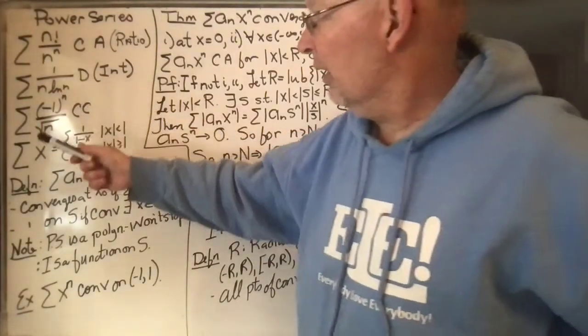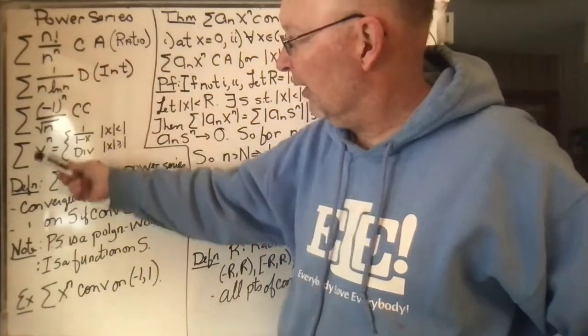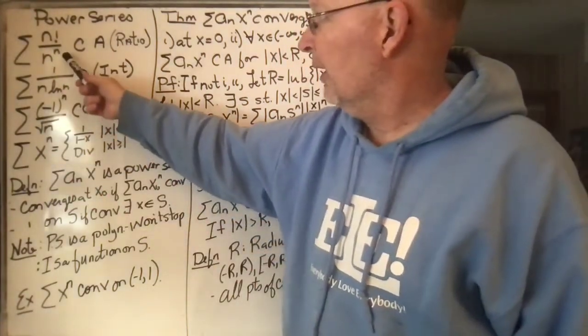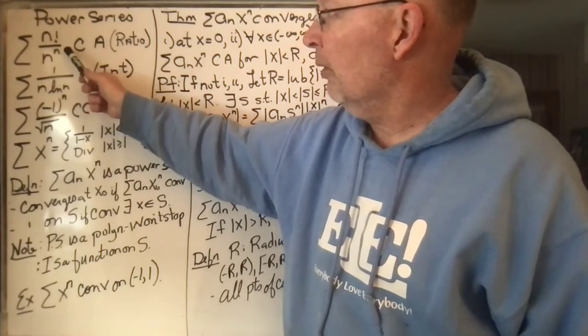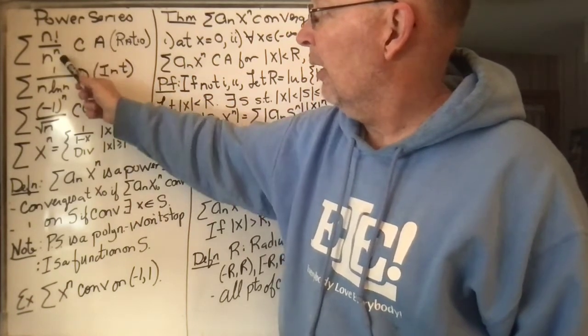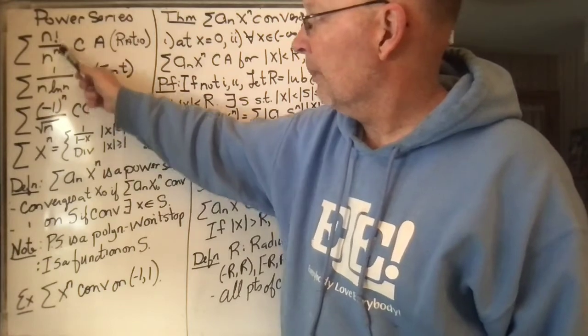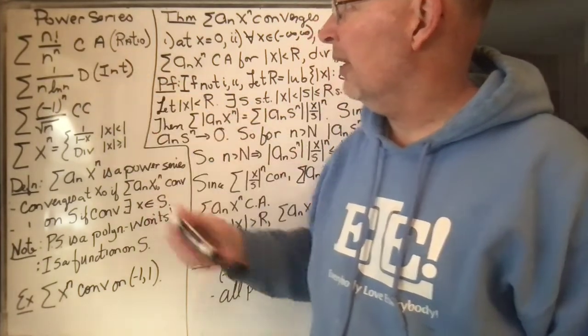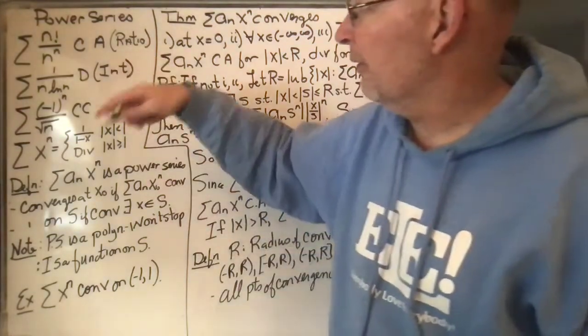Okay, so here are 4 different series that we've done before. This first one we did just a day or so ago, last lesson. We used the ratio test, and maybe we used it on the flip of it, I can't remember.